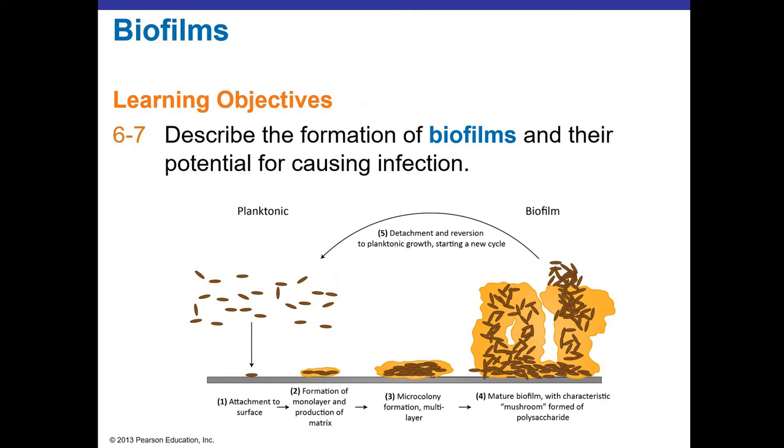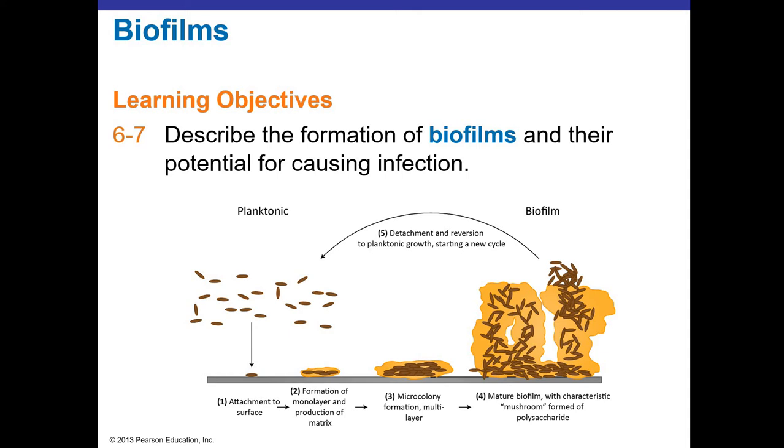The other thing about growth of bacteria is that sometimes they like to congregate in what's referred to as a biofilm. So bacteria originally are in a planktonic form, meaning it's just a single bacterium, but they usually attach to surfaces.